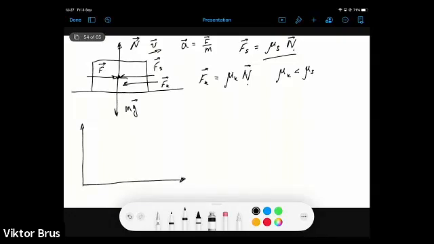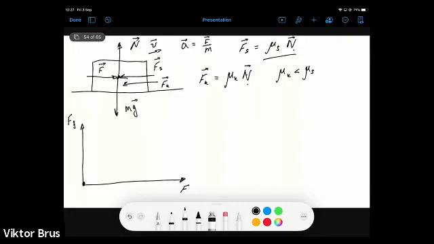Let's say we have here the axis of force, and here is the axis of friction force. So the applied force is along the horizontal axis, and along the vertical is the friction force. It will go from 0.